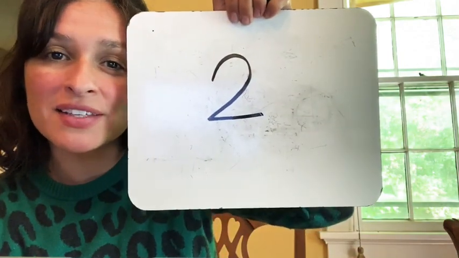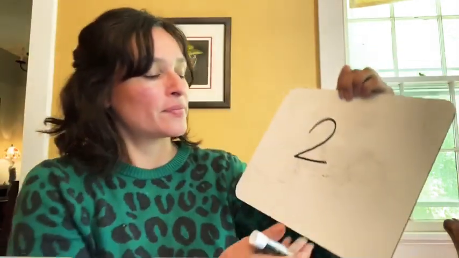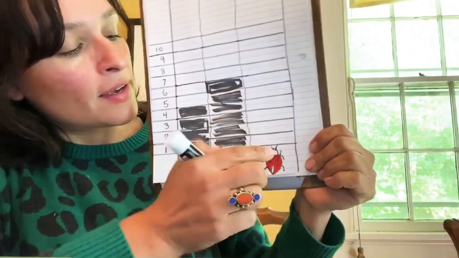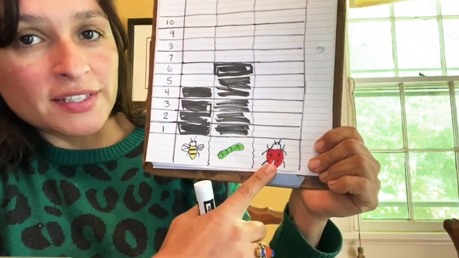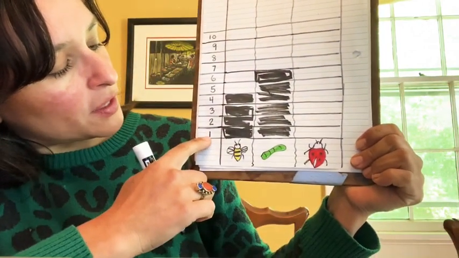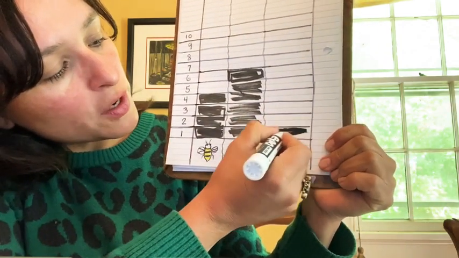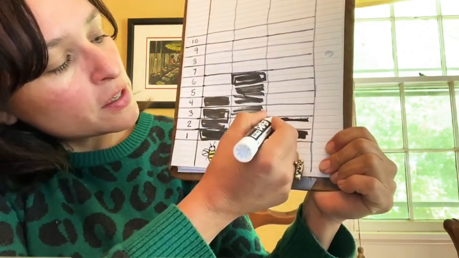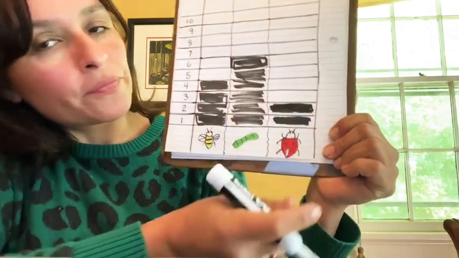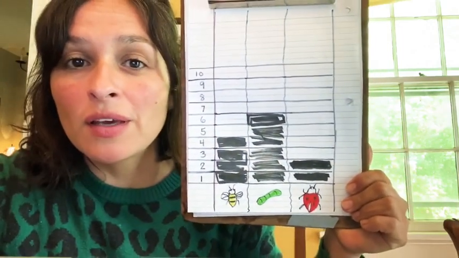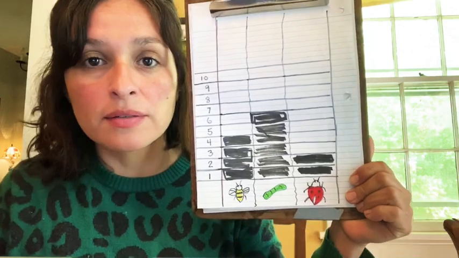You make a line, and that's a 2. All right? So we're going to go to my graph. And there's the ladybug. Ahí está la mariquita. And we're going to count 1, 2. We're going to fill in 2 squares. 1, 2. So you can see which has the most.